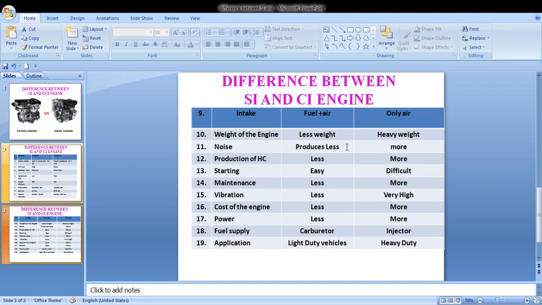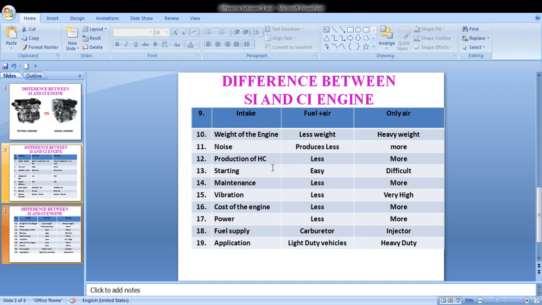Production of hydrocarbons, like NOx, nitrogen oxide, is a main problem in case of your CI engine. This will be more because unburnt mixture will be more in case of your CI engine.